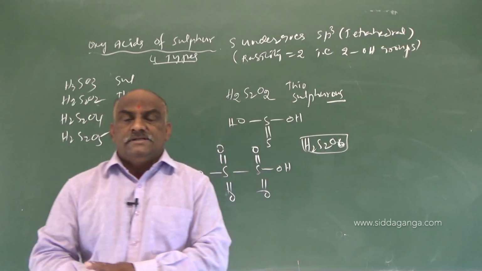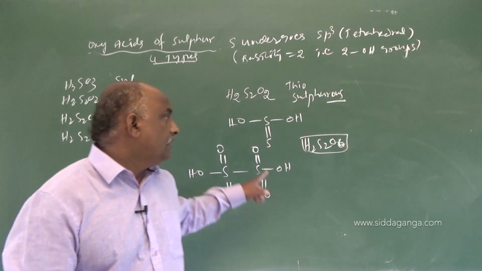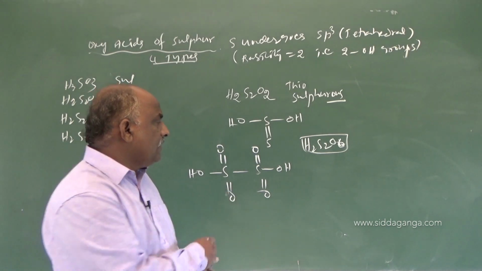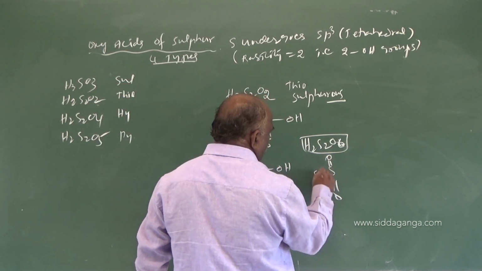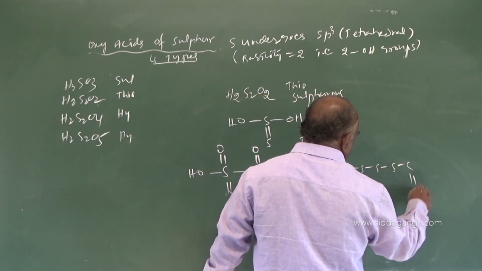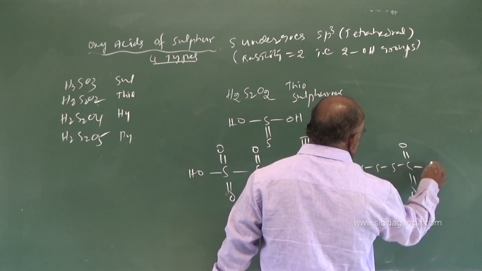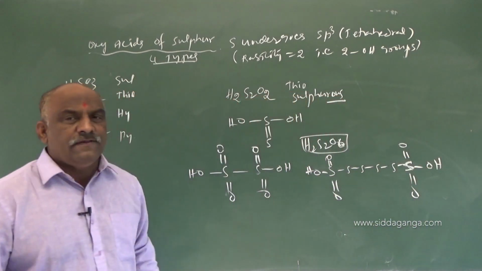A single bond. Thionic, dithionic, polythionic: polythionic means you should write like this: S double bond O, OH, double bond O, OH, like this. This is an example for polythionic acid.